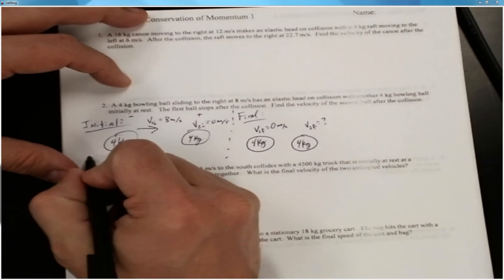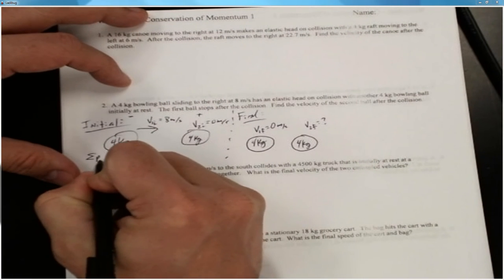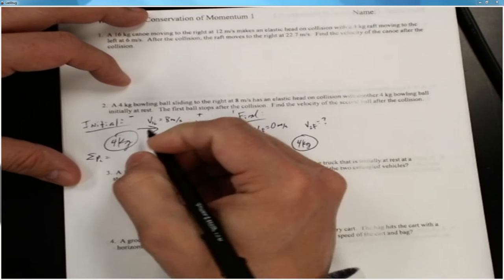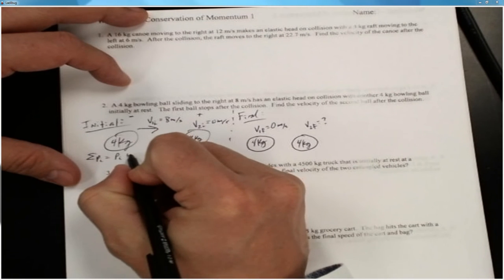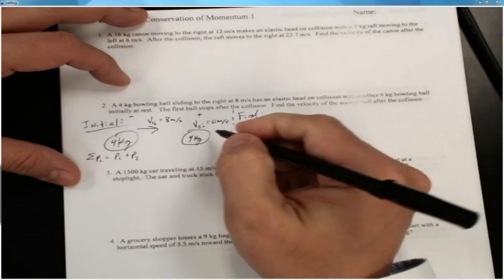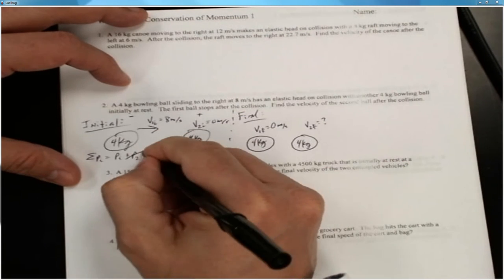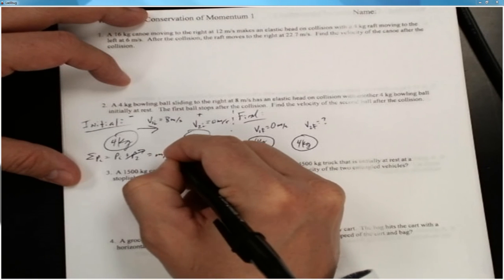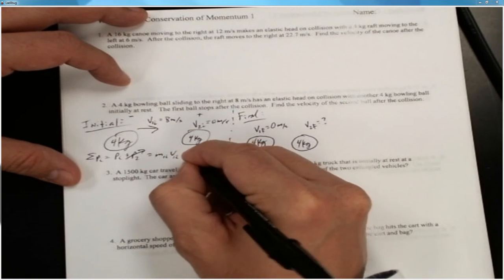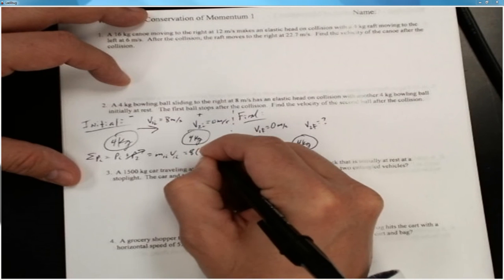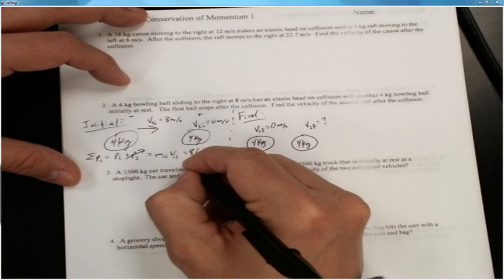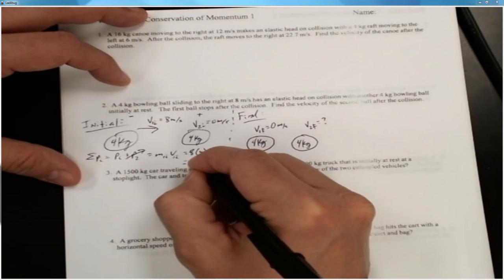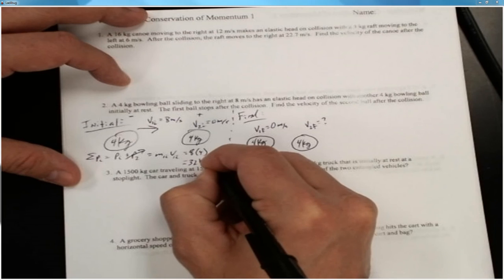The sum of all momentums initially: there are 2 objects, so it's momentum 1 plus momentum 2. Momentum 2, the velocity is 0, so there is no momentum 2. So it's going to be mass 1 initially times velocity 1 initially, which is 4 times 8, equal to 32 kilogram meters per second.